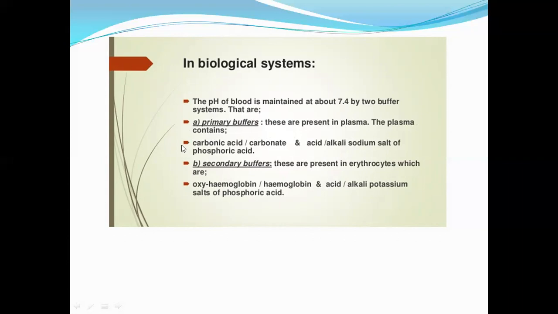The plasma contains carbonic acid, carbonate, and acid alkali sodium salt of phosphoric acid. The other ones are the secondary buffers, present in erythrocytes, which are oxyhemoglobin, hemoglobin, and acid alkali potassium salts of phosphoric acid.